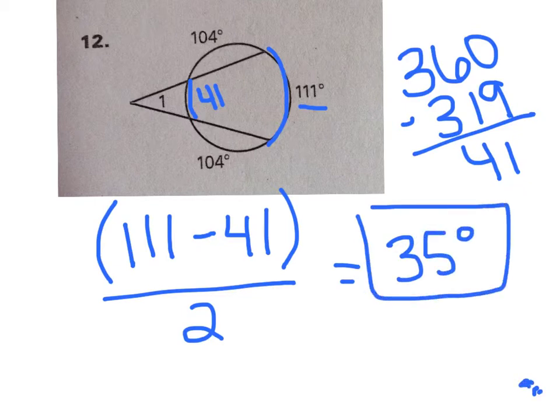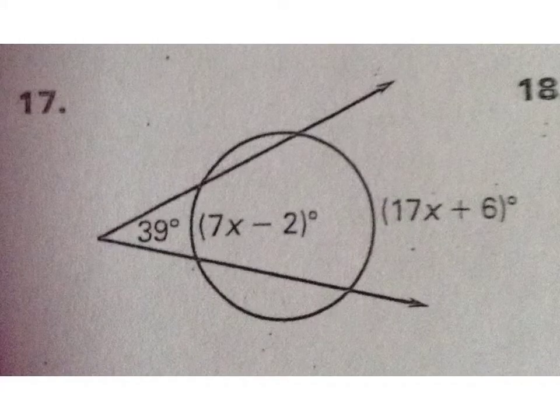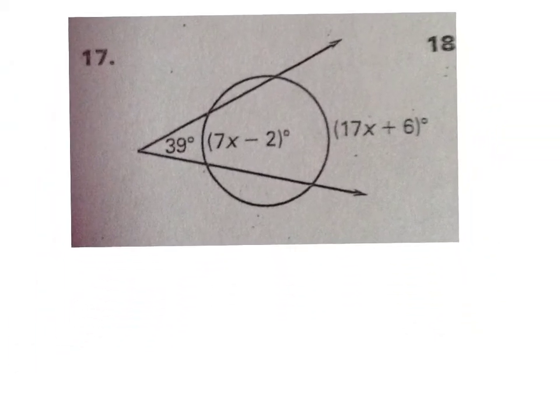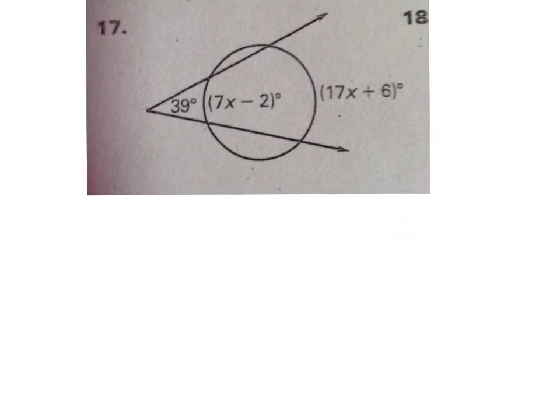Look at that. Beautiful. All right, and the last one I want to look at is number 17. This is a booger, okay? It is outside the circle, so we will be using our formula, but we already know the angle equals 39. So we're going to set it up.